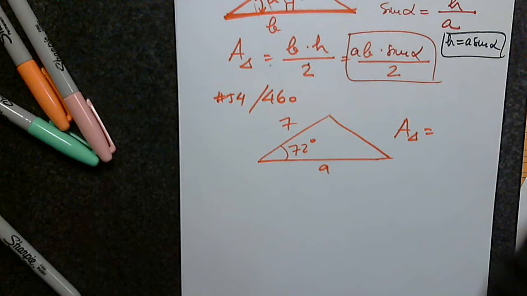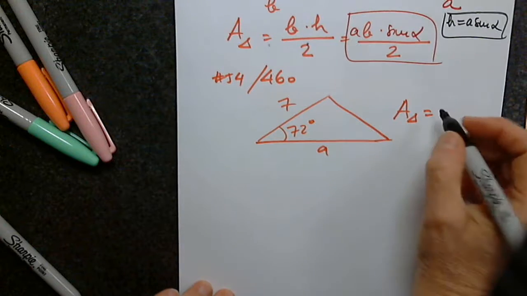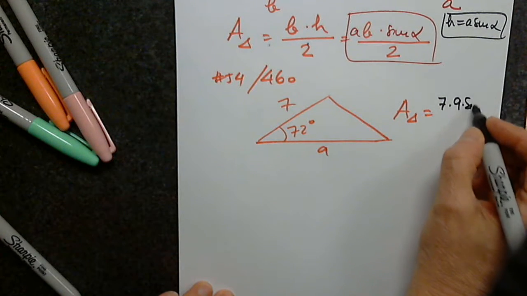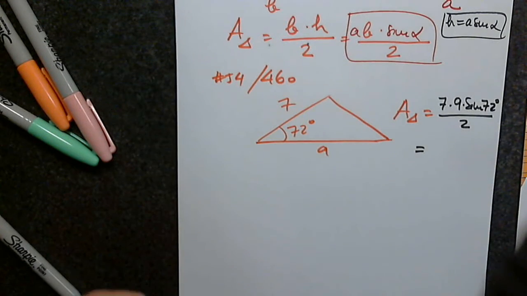And then for some reason they picked 59, I believe it was. Yeah, 59, and then we'll do 59. Seven times 9 times sine 72 degrees over 2. Whatever you give me, I'll write it.